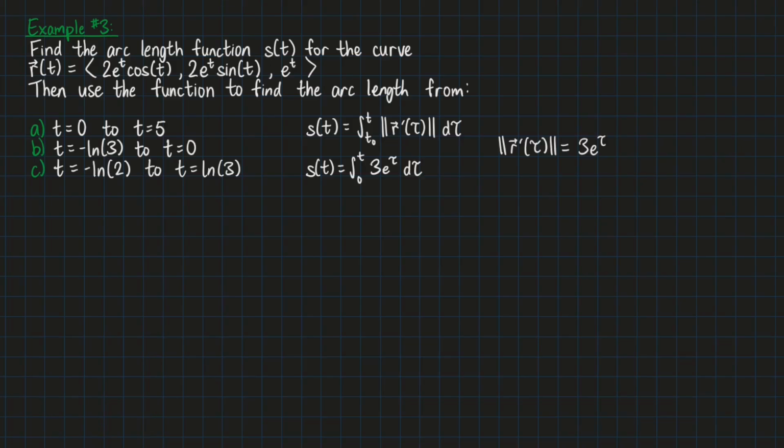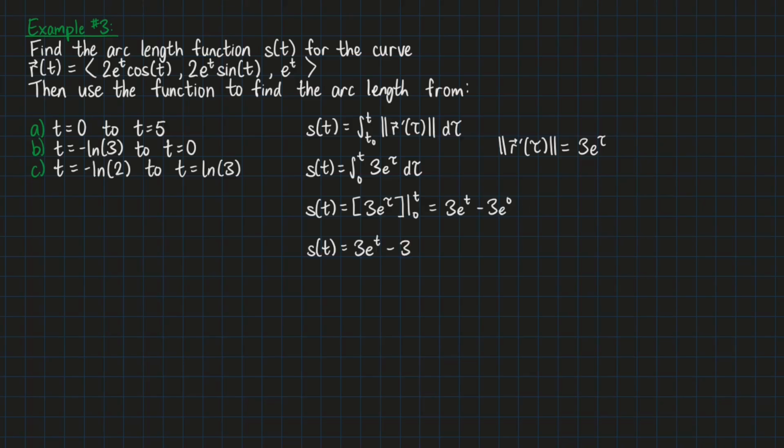Now we can evaluate the integral. The integral of 3e to the tau is 3e to the tau, and we evaluate this from 0 to t. So this equals 3 times e to the t minus 3 times e to the 0. And then e to the 0 is a 1, so we just have 3 times e to the t minus 3.